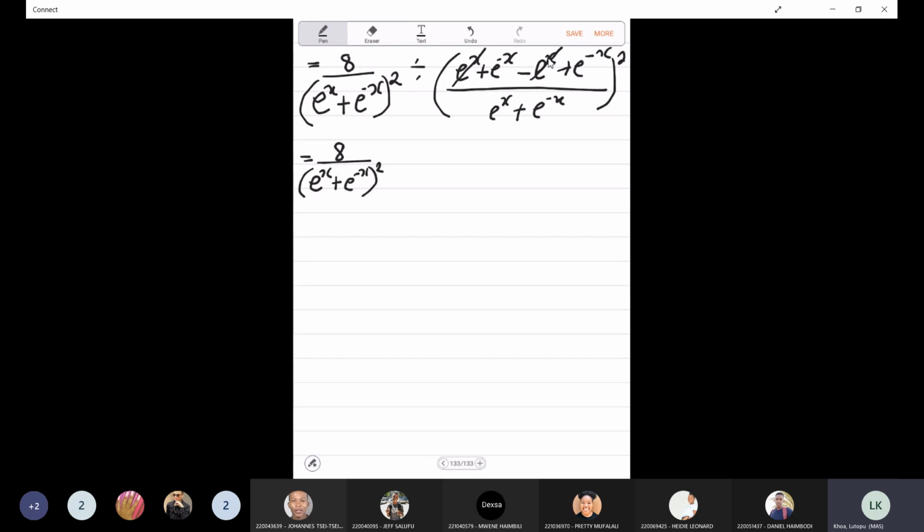The division can change to multiplication, and I have e to the x plus e to the minus x squared divided by, what I'm left with in the numerator is 2 e to the minus x, the whole thing squared.